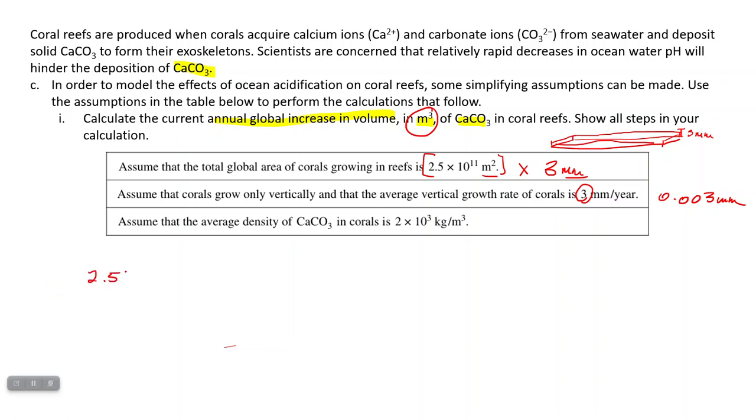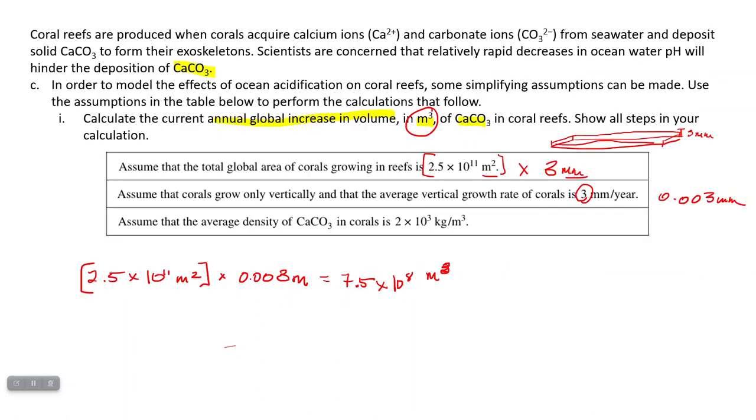That's 2.5 times 10 to the 11th meters squared times 0.003 meters. That's going to give me an answer in meters cubed, which is what I want. And that answer is 7.5 times 10 to the 8th meters cubed, I believe.